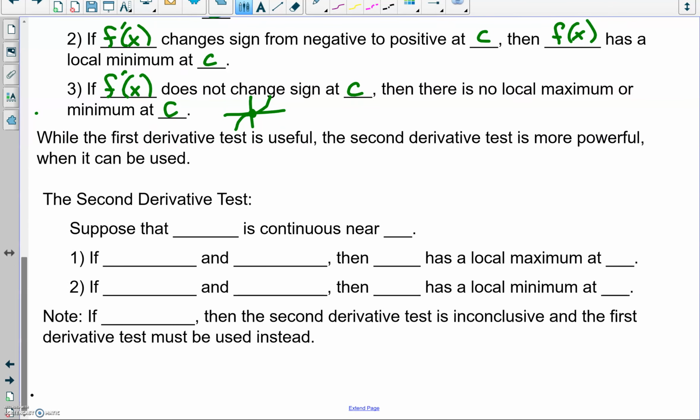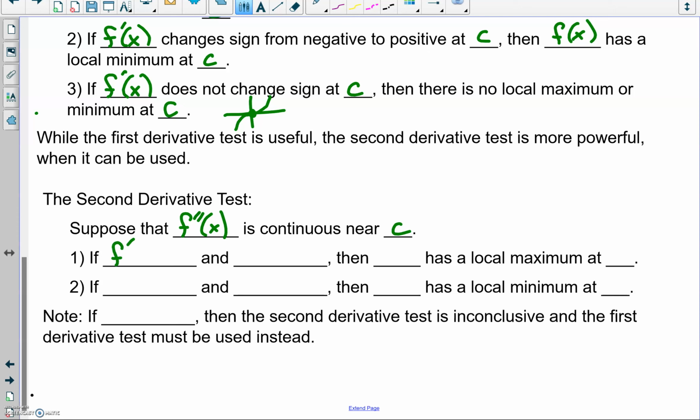So the second derivative test basically says that f double prime of x is continuous near c, so you don't have any breaks in that second derivative function near the c value.